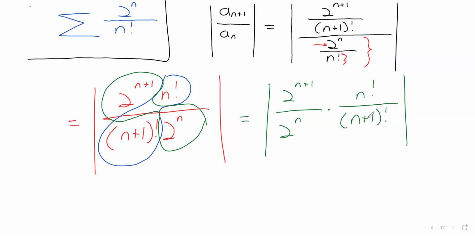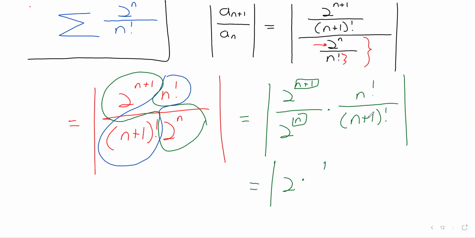So what's 2 to the n plus 1 over 2 to the n? The same as 2 to the n plus 2 to the 1. So the 2 to the n cancel. You subtract the powers. n plus 1 minus n, we're just left with the first power. We get 2, and then n factorial over n plus 1 factorial.